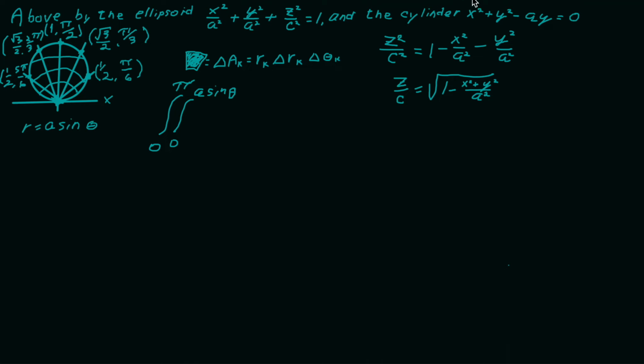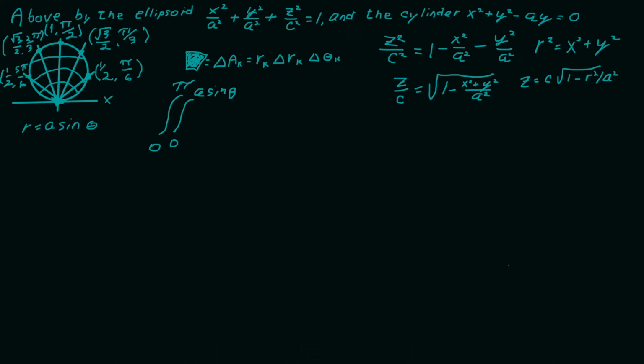Next we'll move the c over. z then becomes this. Converting from rectangular to polar coordinates, you have r squared equals x squared plus y squared. So this x squared plus y squared will become r squared. So z equals c square root of 1 minus r squared over a squared.